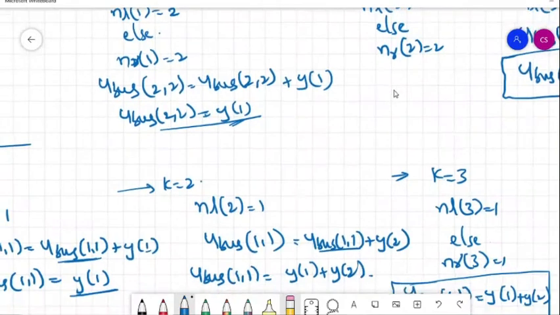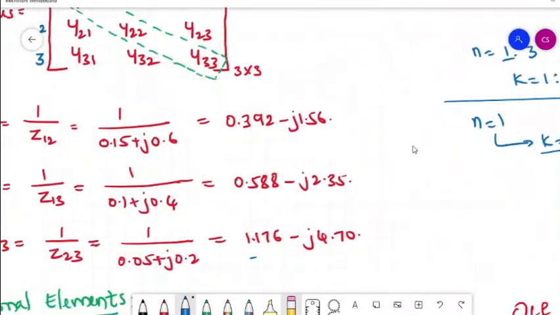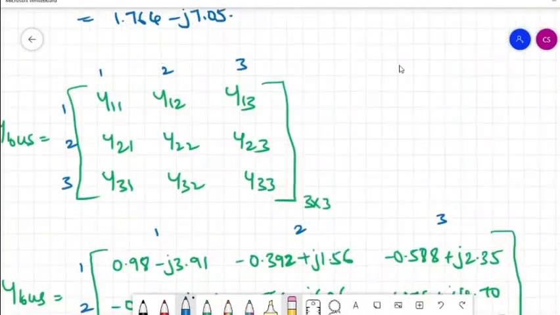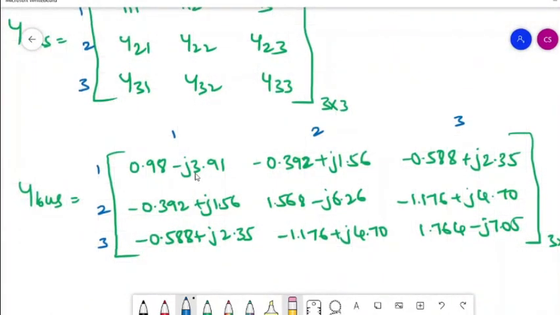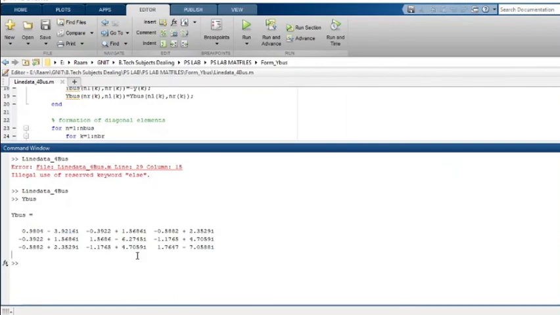So where is the theoretical result? This is the theoretical. Now we'll start verifying. So what is capital Y11? See here, 0.98 minus j 3.91. So it is approximately the same.